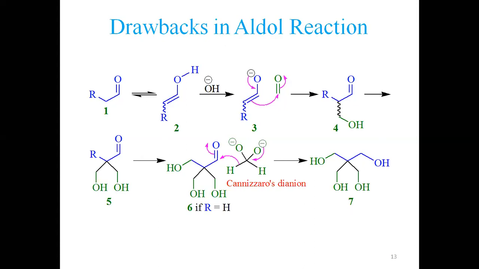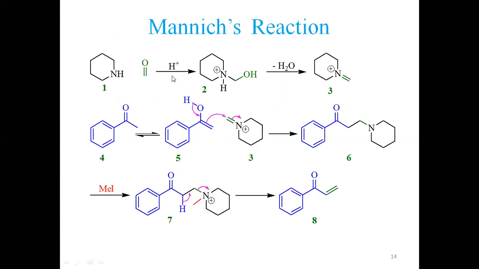Now, how can we overcome this? Mannich was the first scientist who managed this. How did he manage this? According to him, we react the formaldehyde in the presence of acidic medium with a secondary amine. Which secondary amine are we using? We are using a cyclic secondary amine. You see, this is a cyclic secondary amine, with nitrogen present in a six-membered ring.